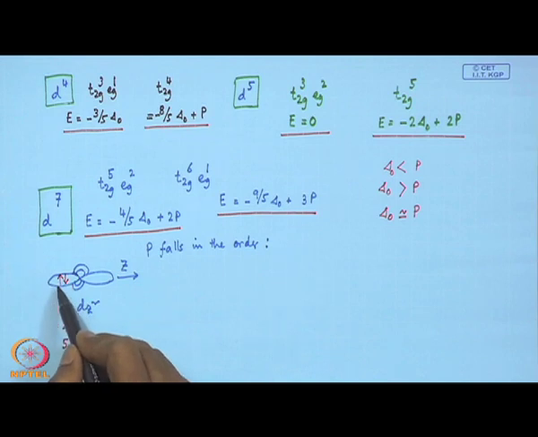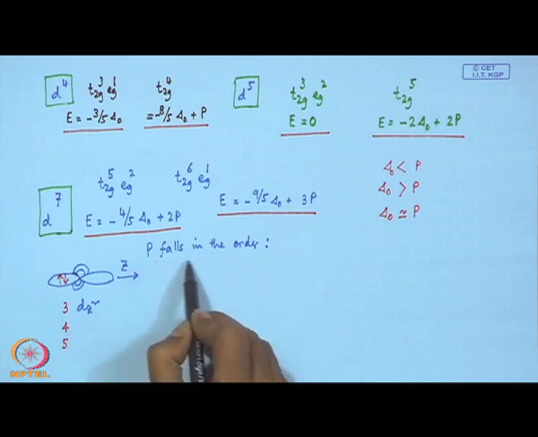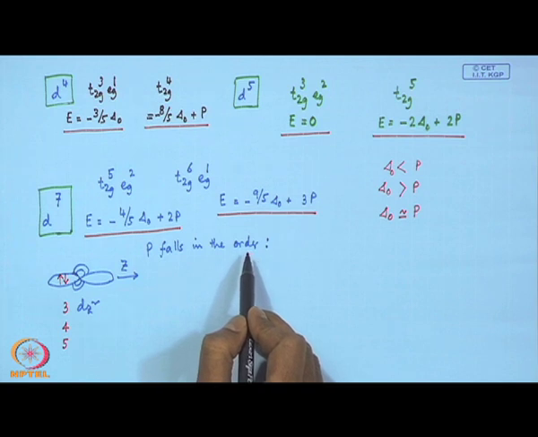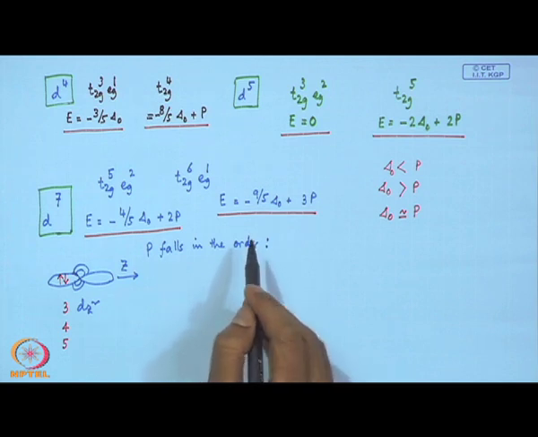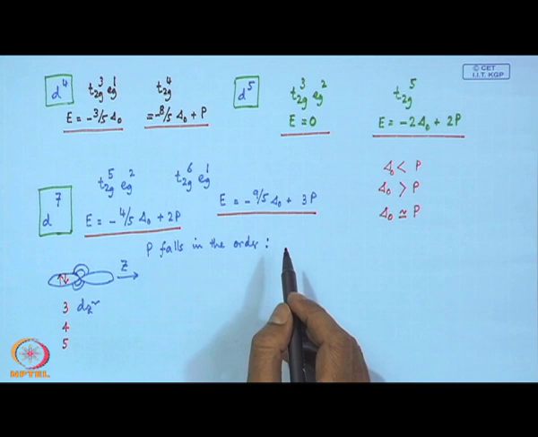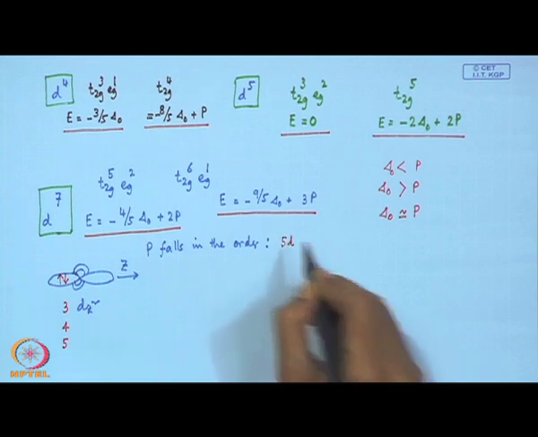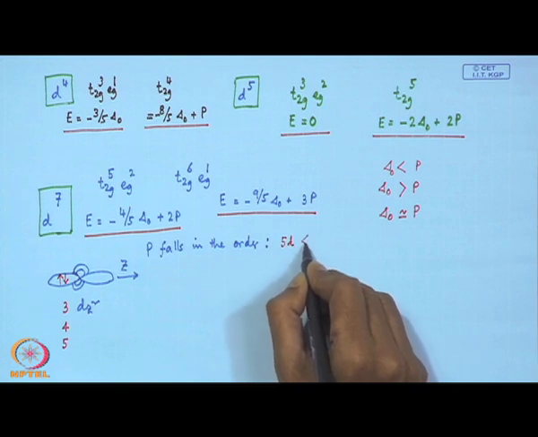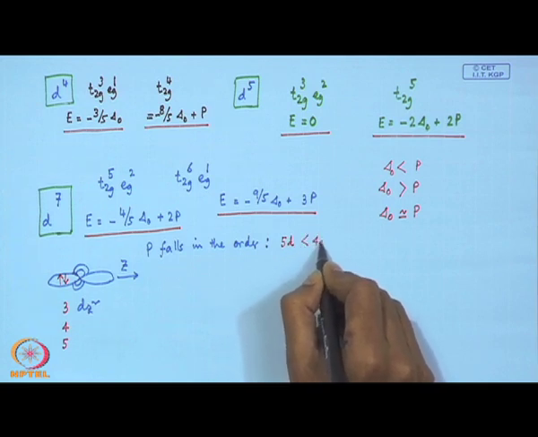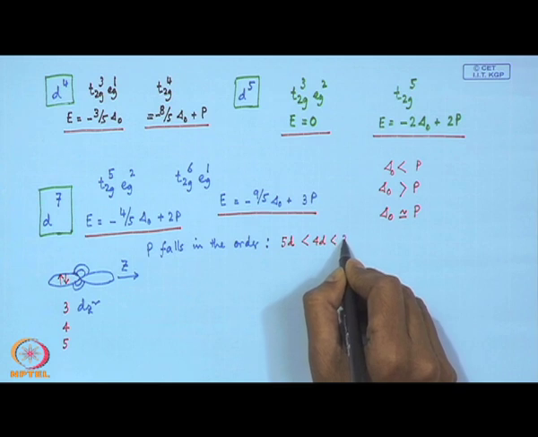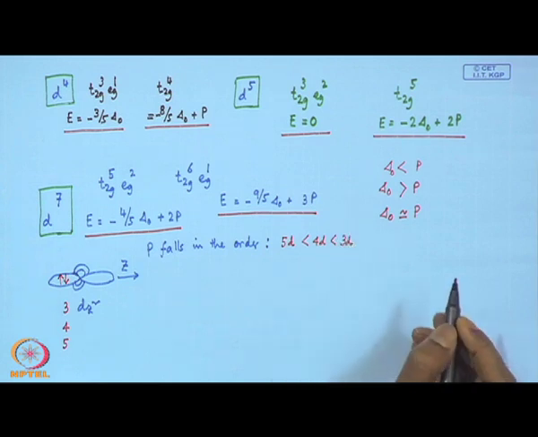So, the repulsion experienced by 2 electrons would be less in case of 4d and also in case of 5d. That is why the pairing energy P for the pairing of electrons in these levels falls in the order where the 5d level has the lowest pairing energy compared to 4d and then 3d.